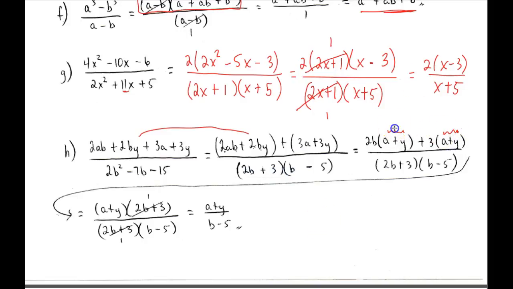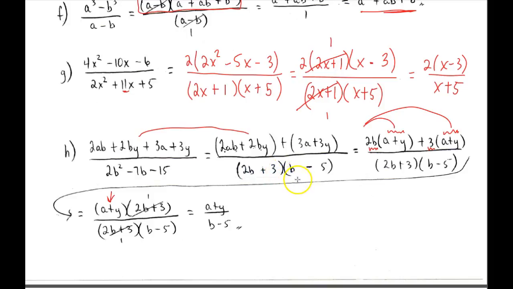So hence, we're able to factor out what's in the parenthesis, which is a plus y, out of both terms, and then just write what's left. And so we see we have 2b left in the first term, and plus 3 left in the second term.